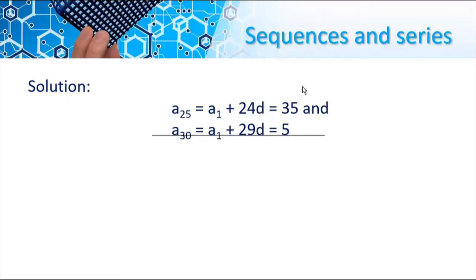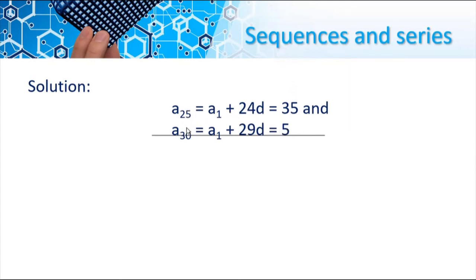Kasi 25 minus 1. Yung D, wala rin tayong common difference. Equals 35, kasi yung pang 25 na term ay 35. At doon naman sa equation ng pang 30th term, first term missing, nanggaling yung 29 sa 30 minus 1, kaya 29D. Common difference missing, at iyon ay 5.